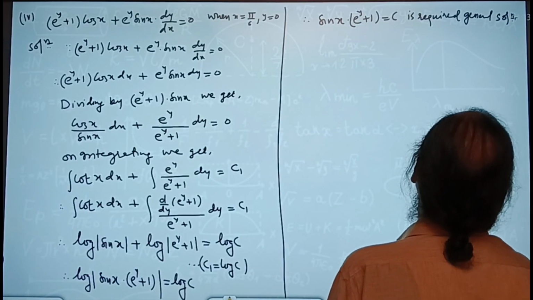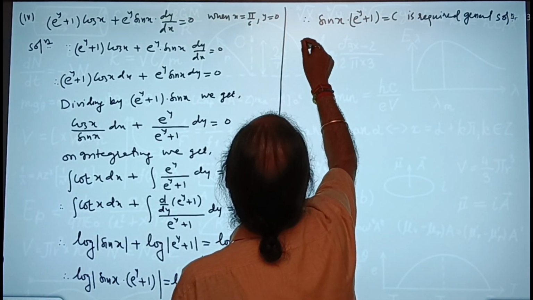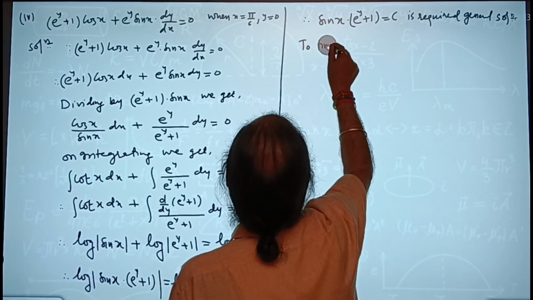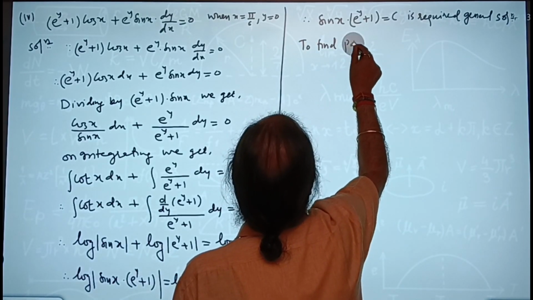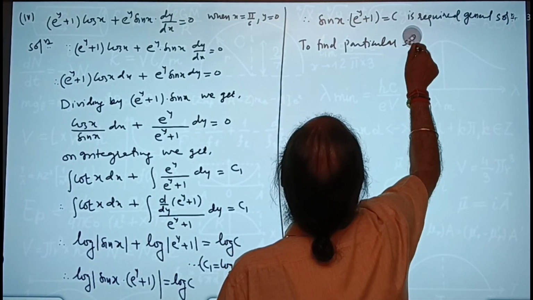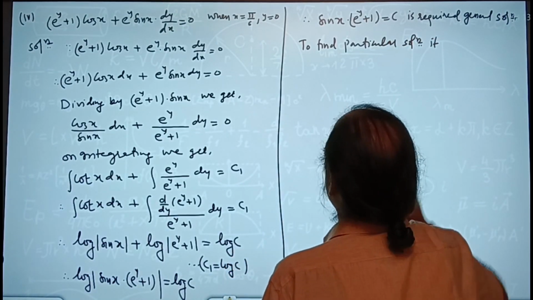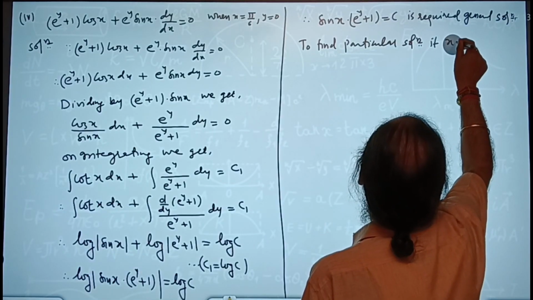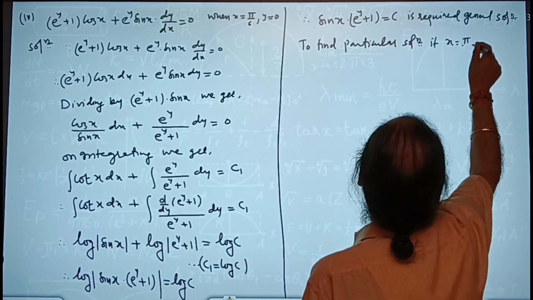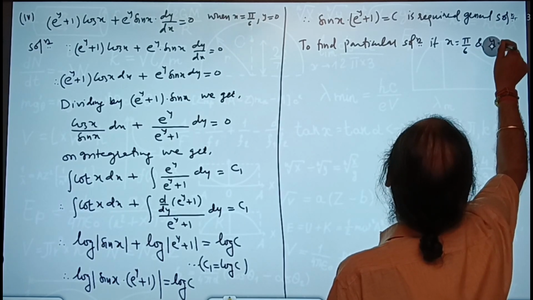To find the particular solution if x is pi by 6 and y is 0.